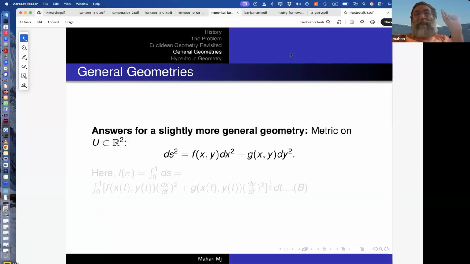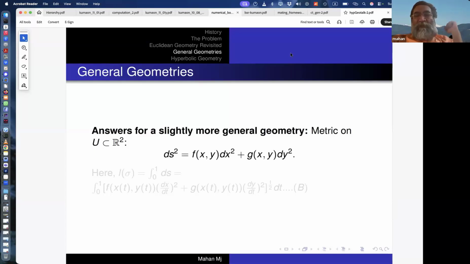That's the second point that we need to understand: in this formula, which packages the lengths of all curves, ds square equal to dx square plus dy square, dx square has a coefficient which is the constant function 1 defined on all of R2. Don't think of it as a number, but as a function.